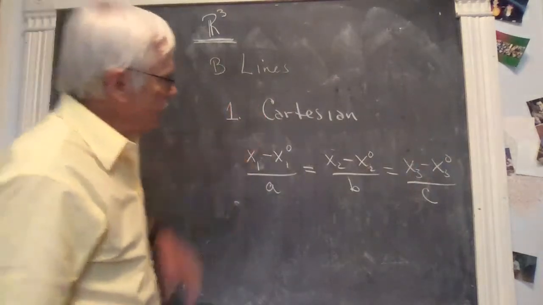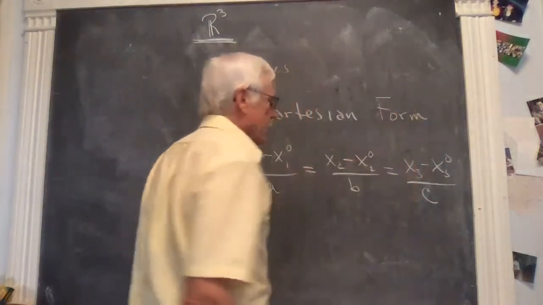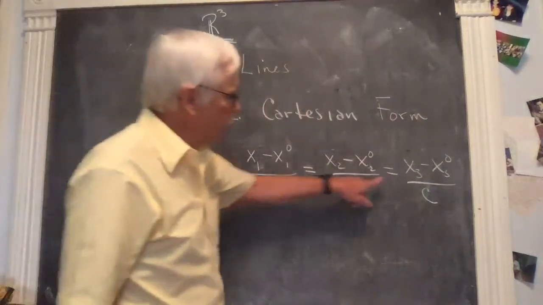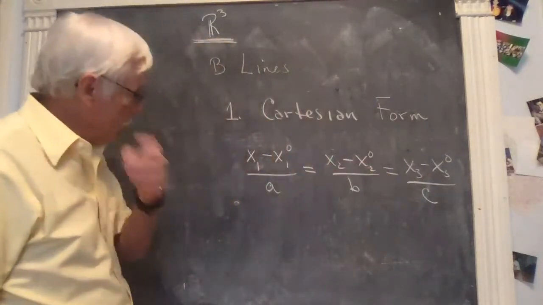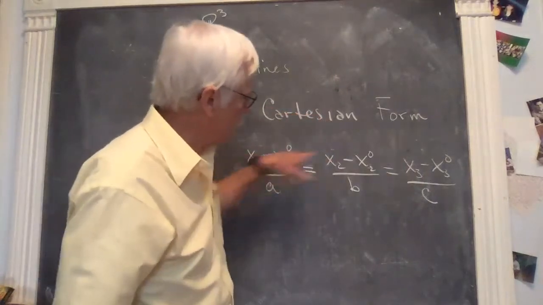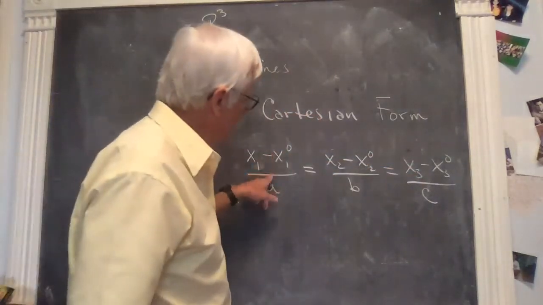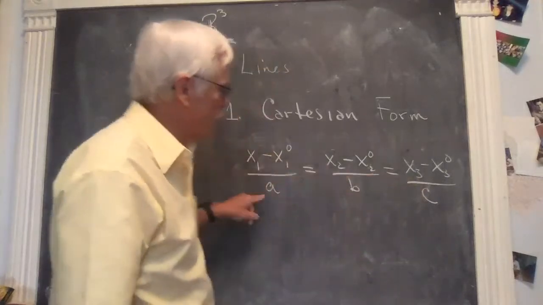So this is not an equation. This is a Cartesian form of the line. It really involves 2 equations that are linked. You could say it's 3: this equals this equals this, and this equals this. But by transitivity, if this equals this and this equals this, the thirds are also equal.